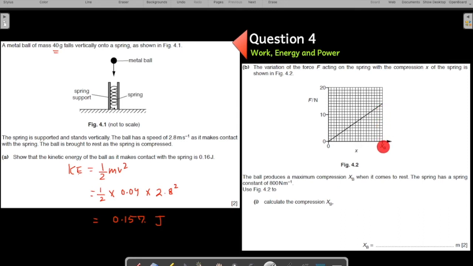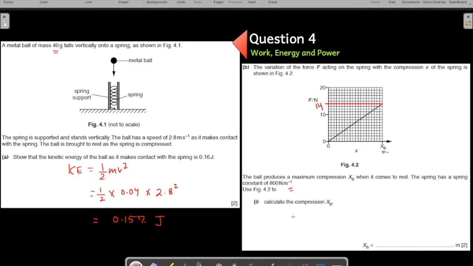From this graph, what other value can you get for this value of XB? You can get the value of the force for which this maximum compression is happening. From the graph, it comes out to be 14. So 14 newtons of force is producing a compression of XB. You have to calculate XB. Spring constant is also given.